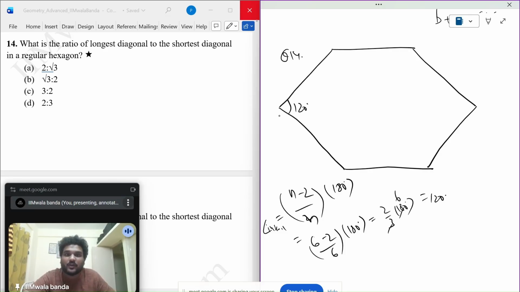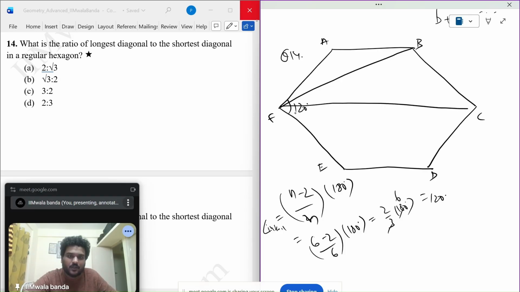What is the ratio of the longest to the shortest diagonal? I know the shortest diagonal for sure will be like this. And the longest diagonal could be this, correct? For sure. Now, all the sides are A. I need this, so I'll get the longest one also.